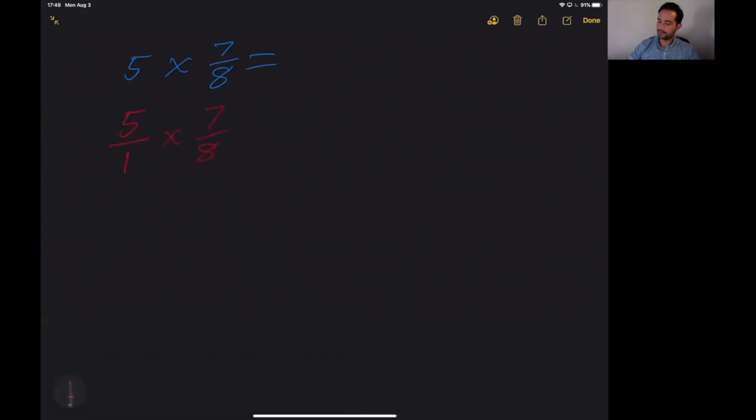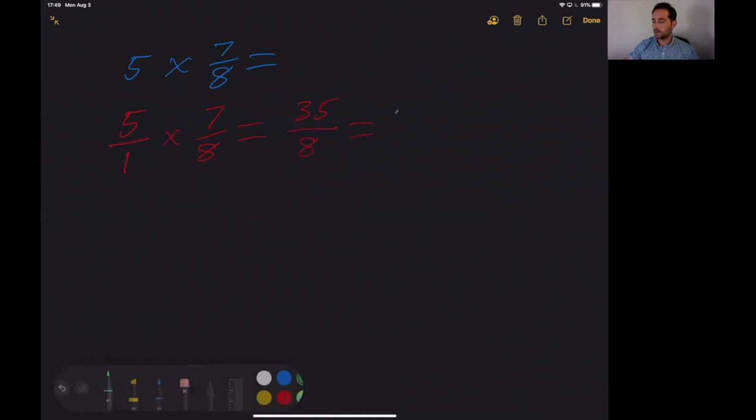Times 7 over 8. And now we do top times top and bottom times bottom, or numerator times numerator and denominator times denominator. Here we go. We get 5 times 7, 35. 1 times 8, 8. And you know what? Why don't we change that into a mixed number? So, how many times does 8 go into 35?